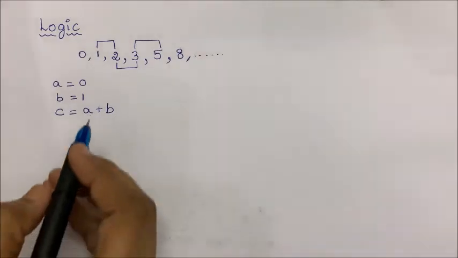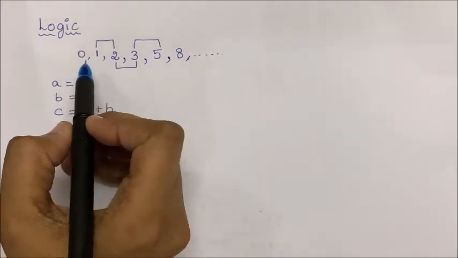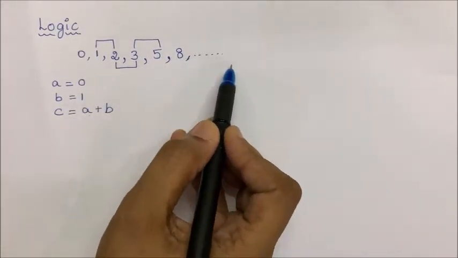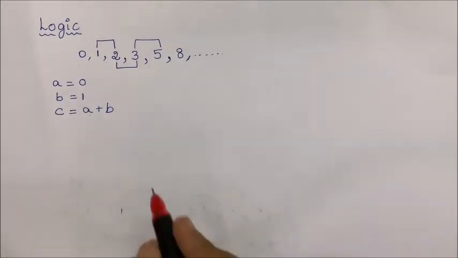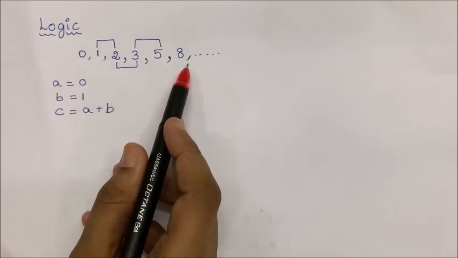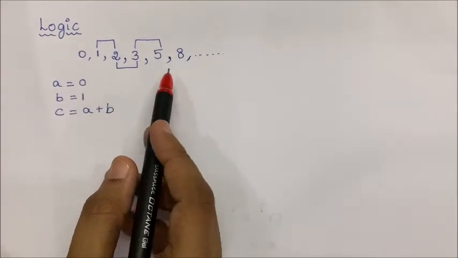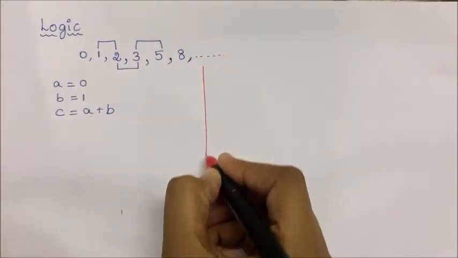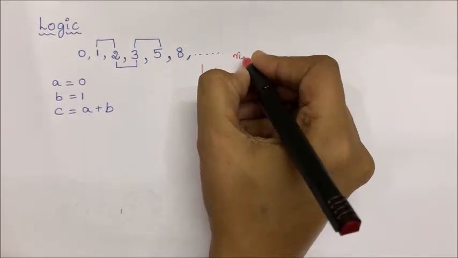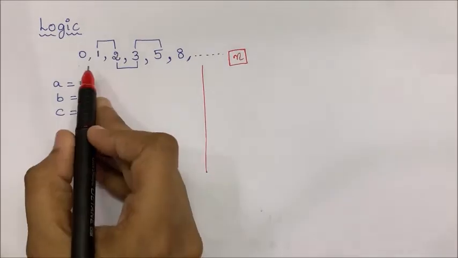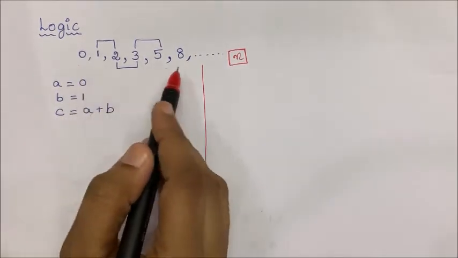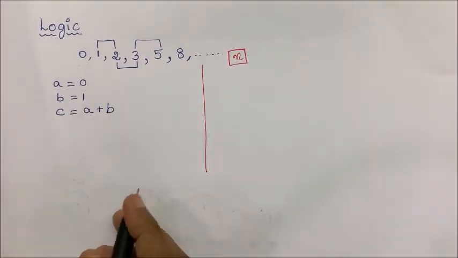Now let us write the logic for printing the entire Fibonacci numbers. If you want to write the Fibonacci series of n numbers, then the code will be as follows. Let n be the total number of Fibonacci numbers to be printed as output.